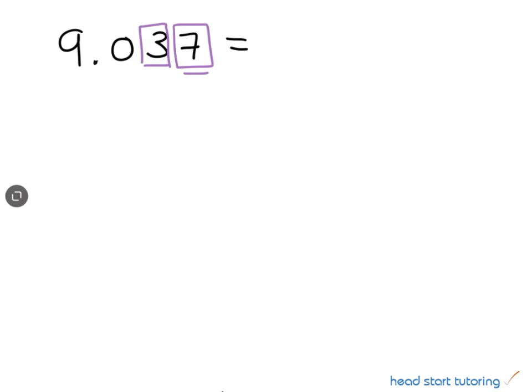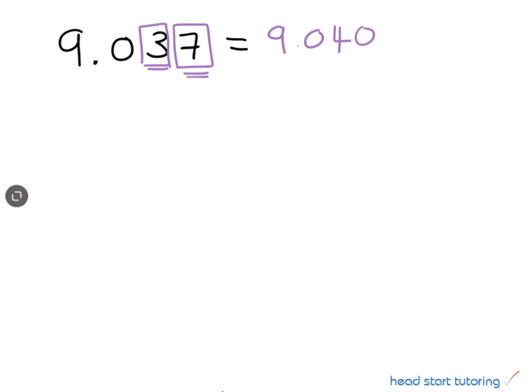So at the moment it's 3 hundredths. We are going to add 1 more hundredth to the 3 hundredths to get 4 hundredths, and that is because of this 7. We are going to round this number up. So we end up with 9.04, and we can put a 0 at the end if we would like, because everything after the hundredths column will fall away or become a 0 when we're rounding off to the nearest hundredth.